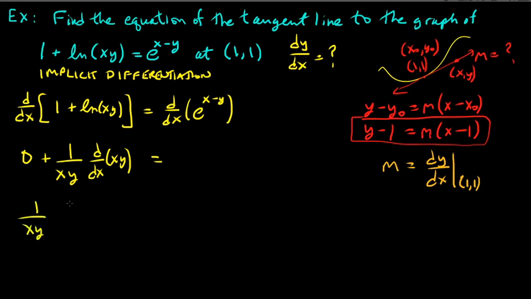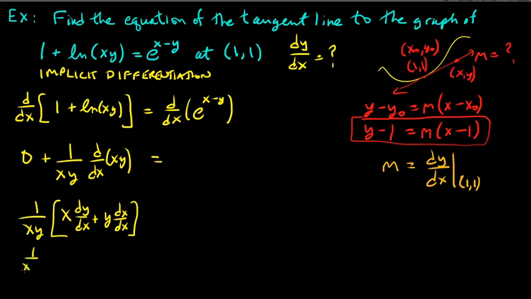And what's the derivative of xy? Well, it's a product, so we need the product rule. I hope you're not doing 1 times the derivative of y. Nope. It's going to be x times the derivative of y plus y times the derivative of x. But the derivative of x, of course, is just 1.